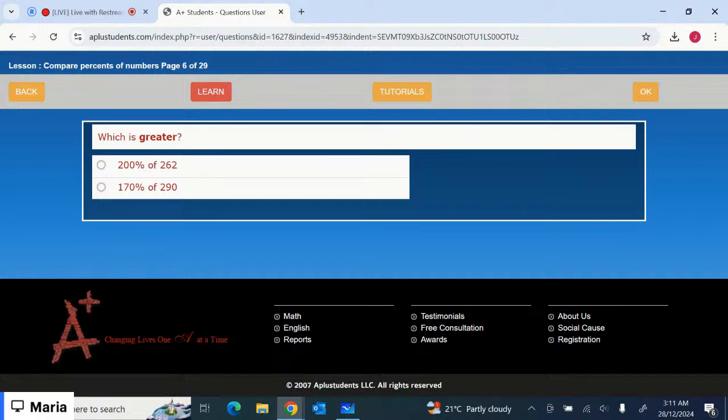Okay, the next one is which is greater, 200% of 262 or 170% of 290? Which is the correct option?